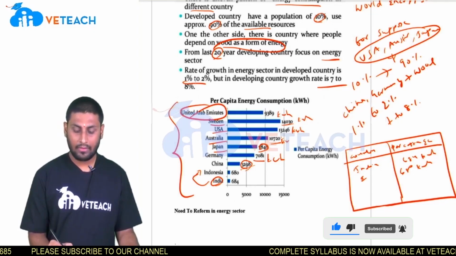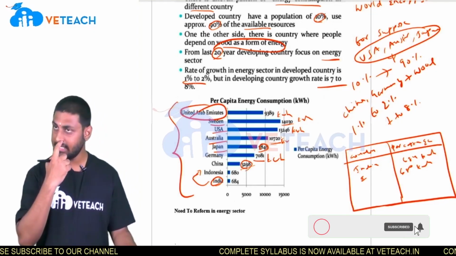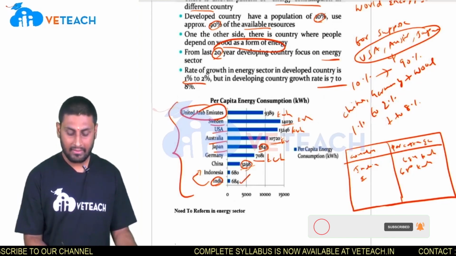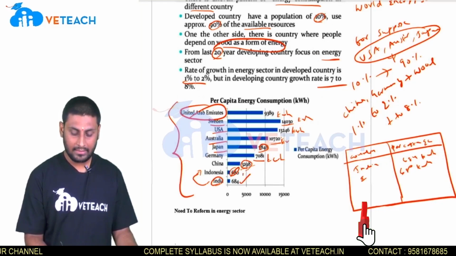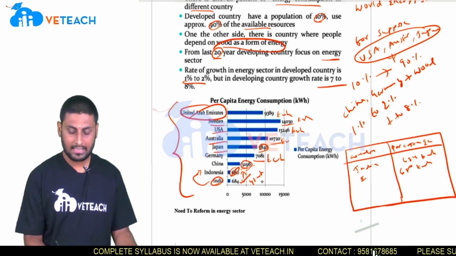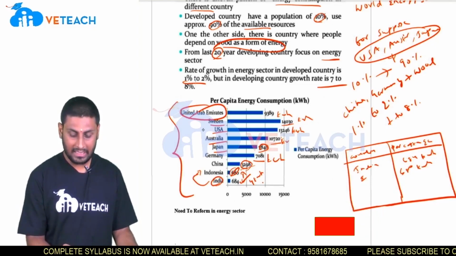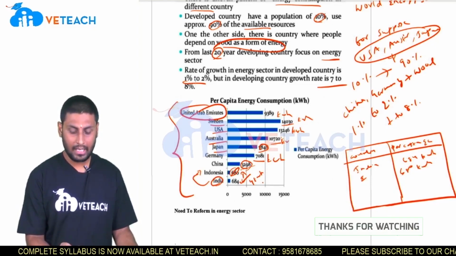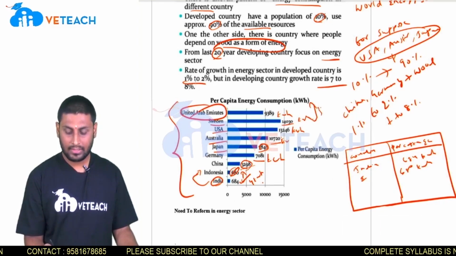By observing this graph, we can see that there is an up and down in the energy consumption. India has 684 and Indonesia has 680, so there is a decrease of 4 kilowatt hour. In the same way, there is a drastic change between United Arab Emirates and Sweden, a difference of nearly 3000 kilowatt hour.